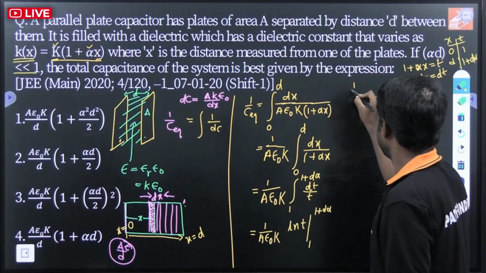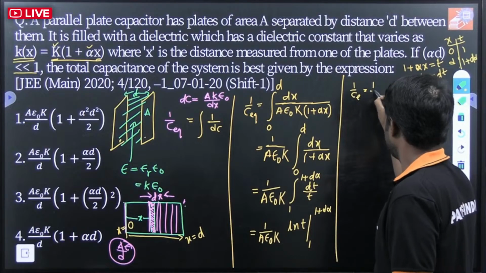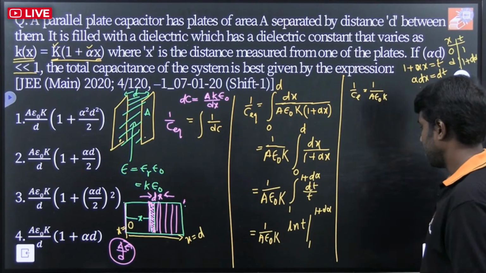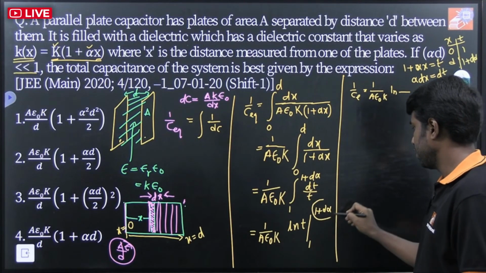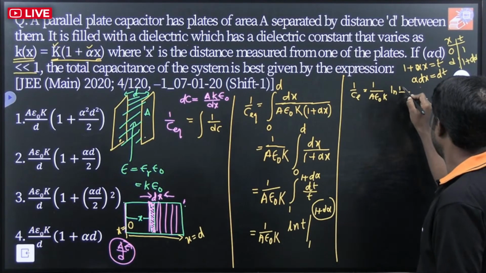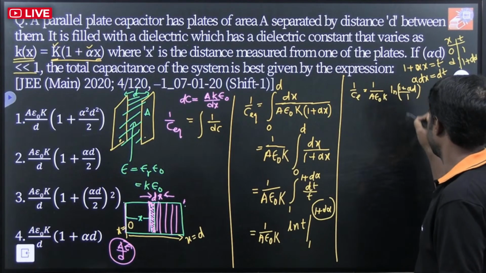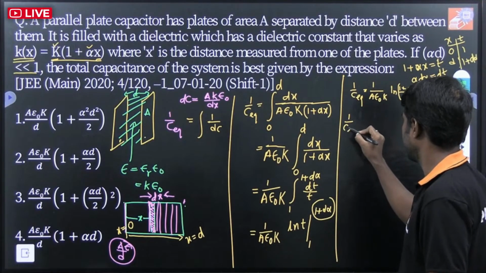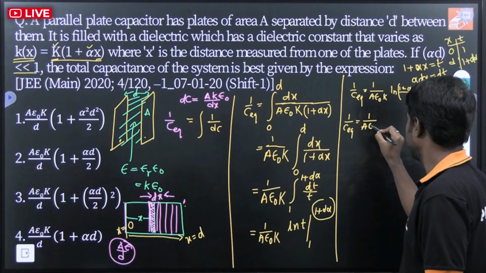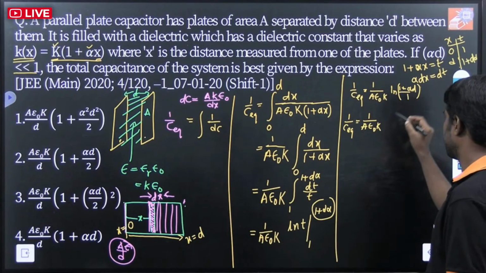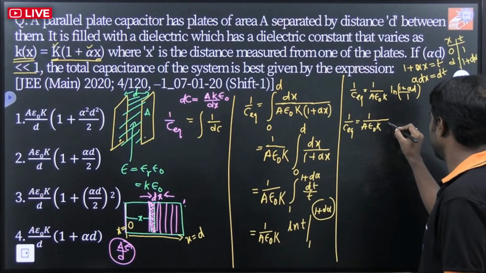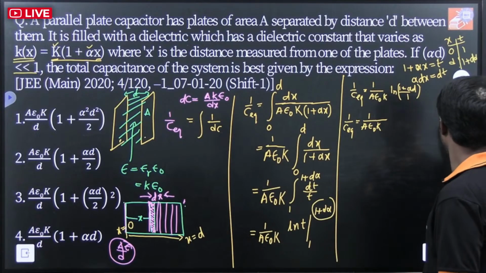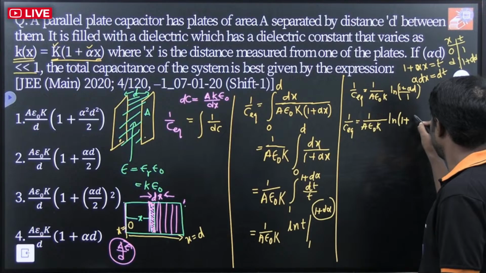So finally we get 1 by C equivalent equal to 1 by A epsilon naught K into ln of the upper limit by the lower limit, 1 plus alpha d by 1, which is ln of 1 plus alpha d.